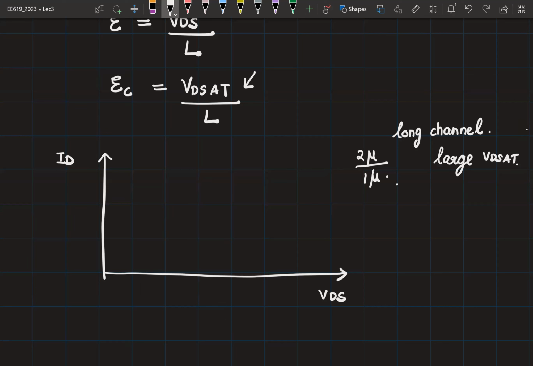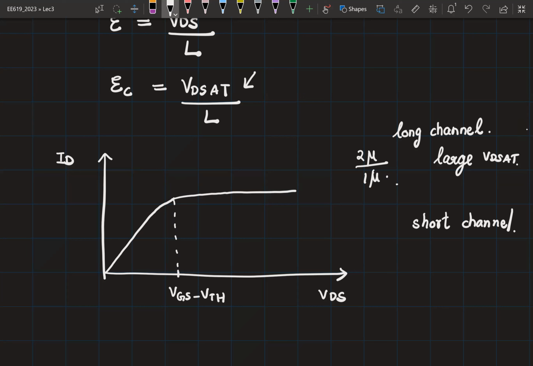Okay, so how does the plot go? It will initially start in the linear region. Then it will hit the voltage VGS minus VTH. And then it will enter into saturation region. Okay, so now I'm going to take a short channel device. So let's say the W by L is 200 nano by 100 nano.